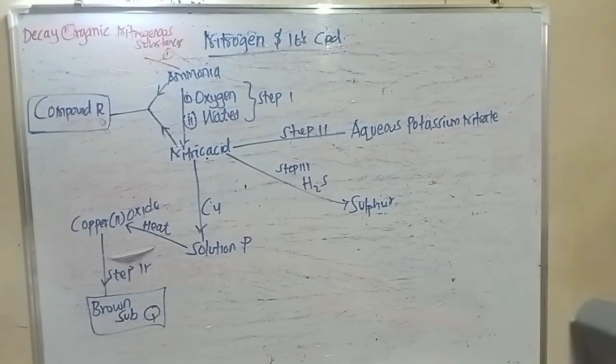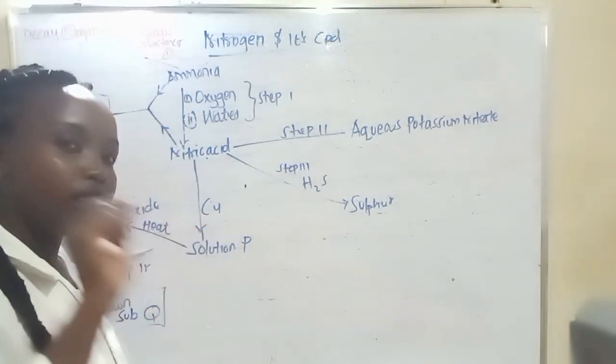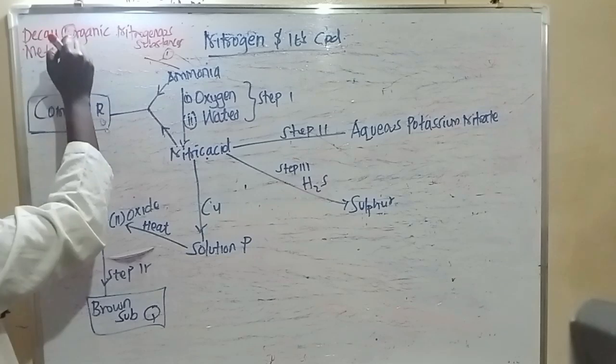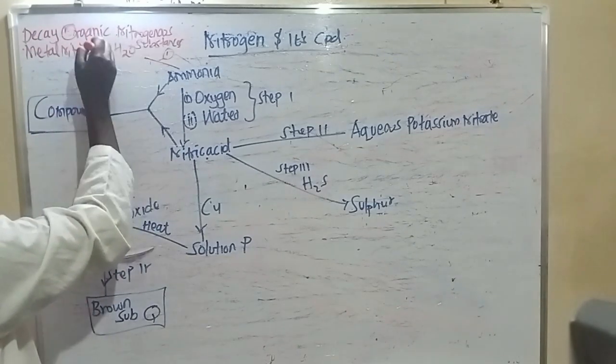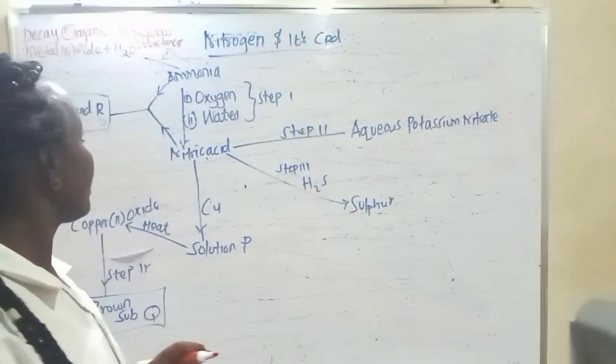The second method of forming ammonia is reacting a metal nitride with water. Metal nitride plus water. That is another method of forming ammonia.